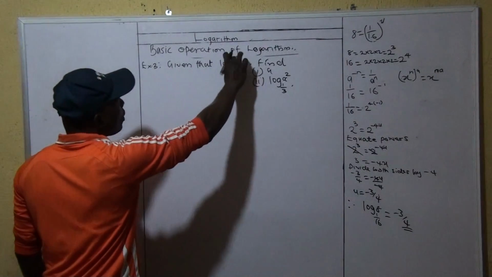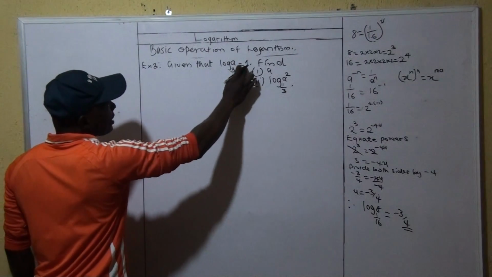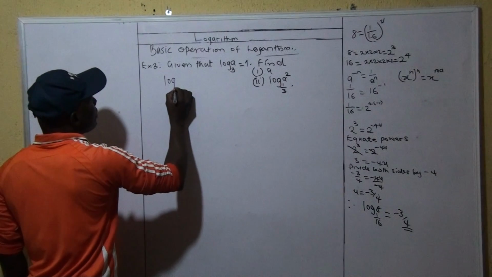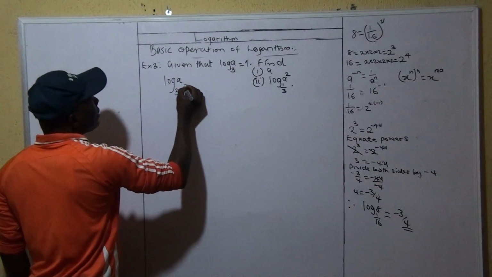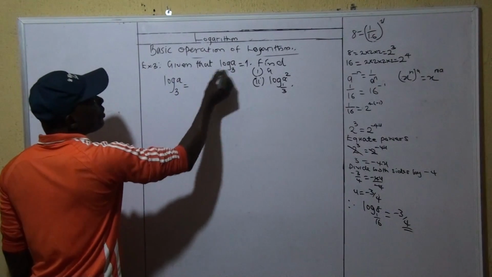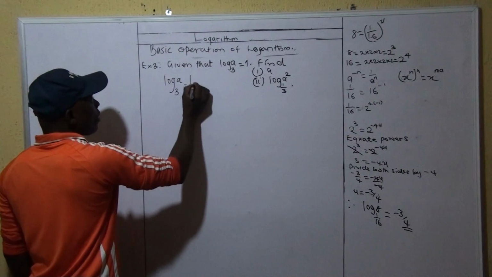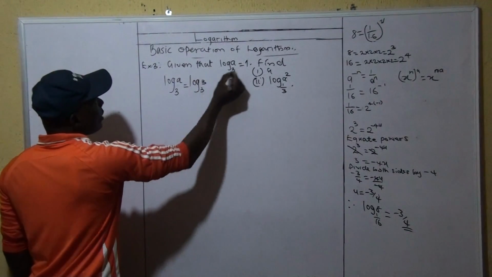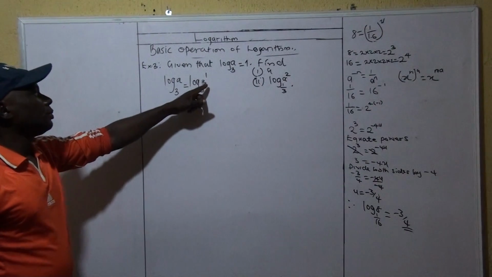First of all, we have to know what is a. So this is log a to base 3 here. Because this one is base 3, we can express this as a equals 3 raised to power 1.